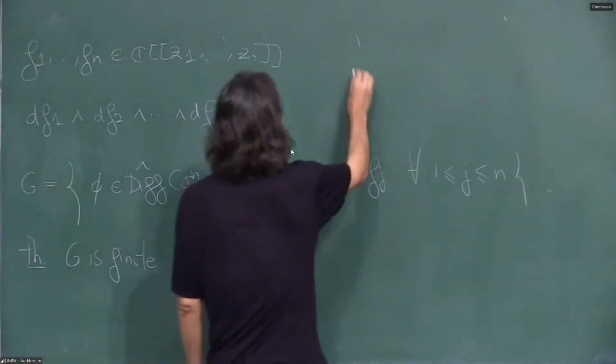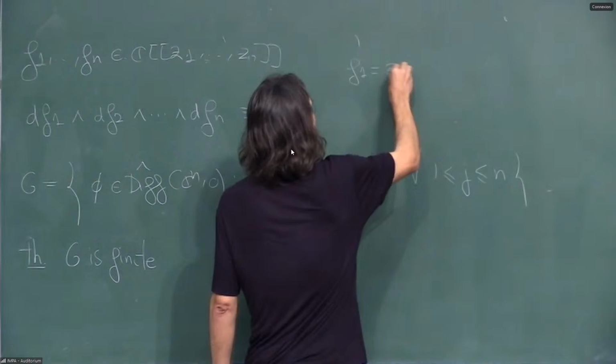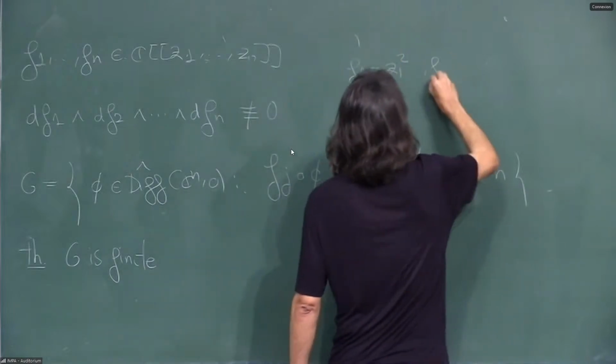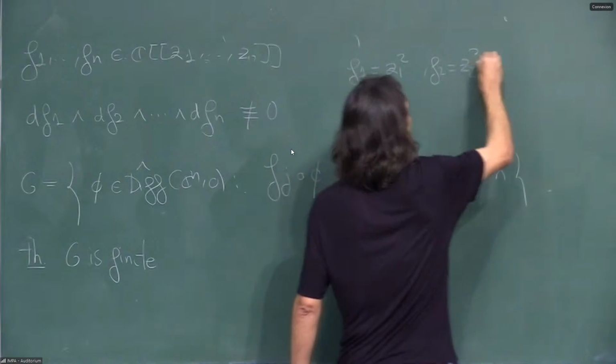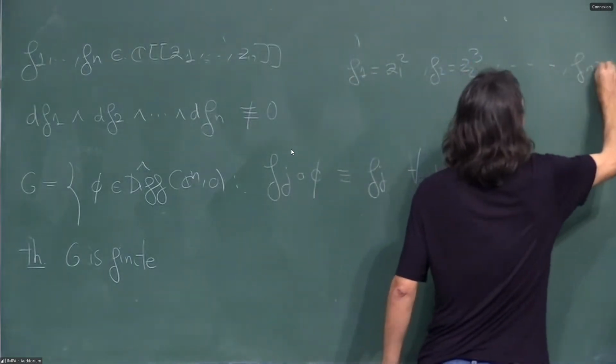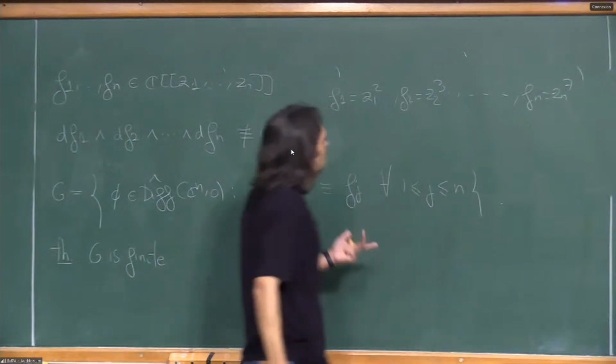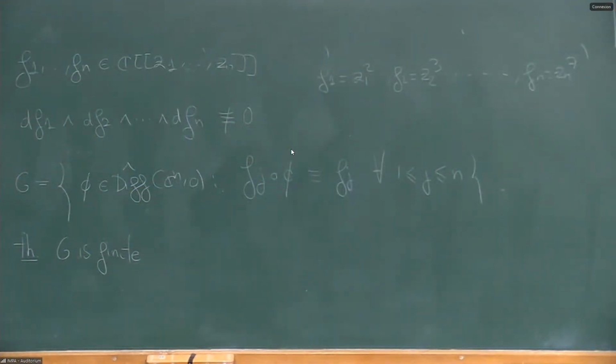For instance, if you consider F1 equal C1 to the power 2, F2 equal C2 to the power 3, and so on, obviously the set in which all these M functions coincide is going to be finite, so the group has to be finite. Yeah, sure, but we want to prove it without relying on understanding these functions or anything. And it works also in the formal case, for instance.